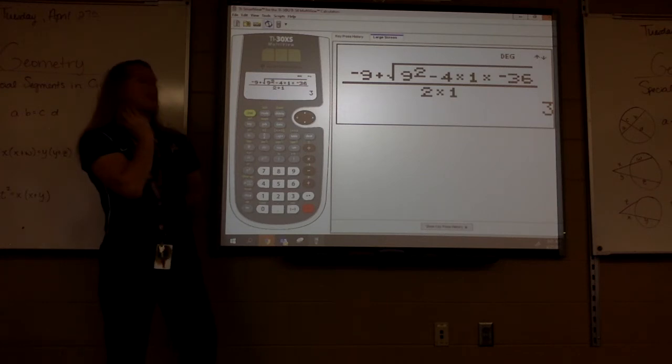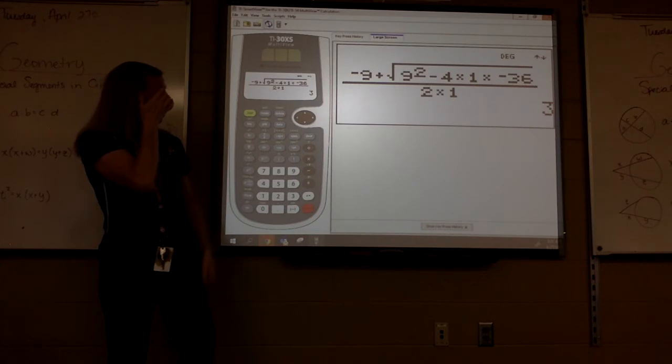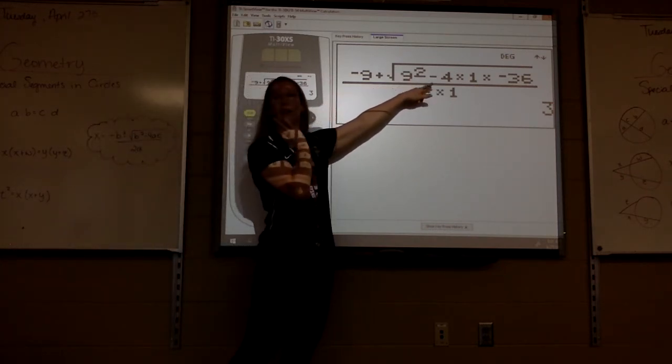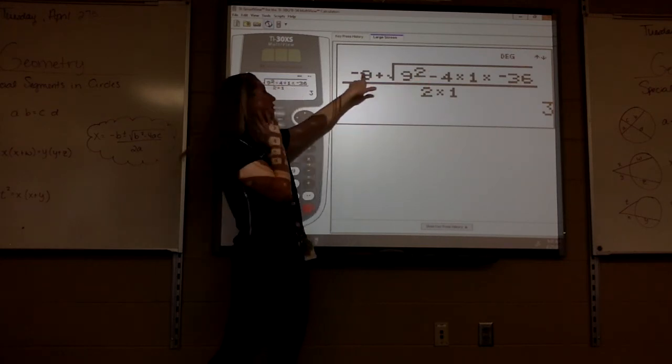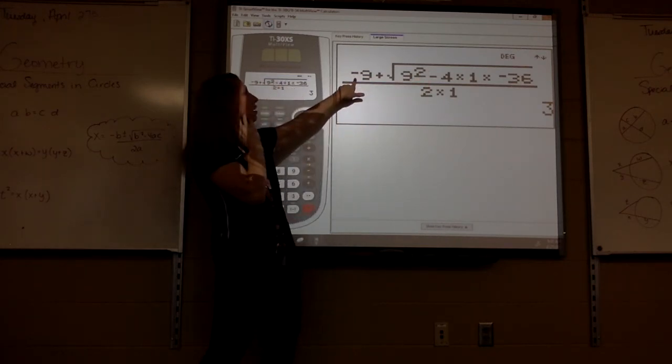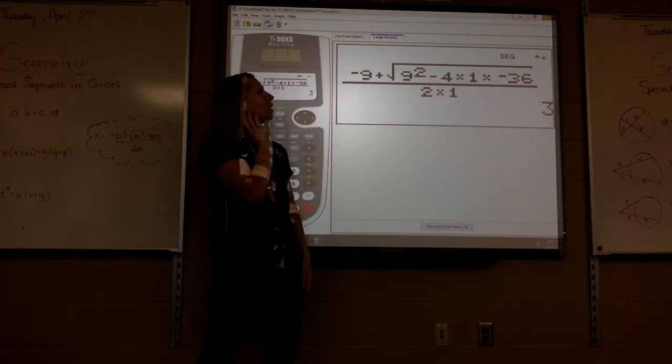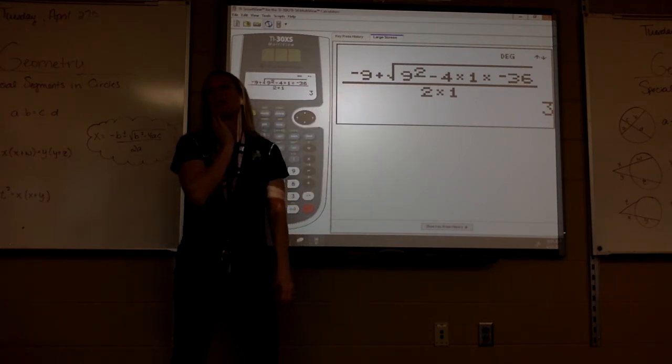That's weird. I didn't do 2 times 1 on the bottom. Do you have 9 squared, minus 4, times 1 times negative? Do you have a negative 9 up here? I have parentheses around the 1 minus 36, but that's just 1 times negative 36?